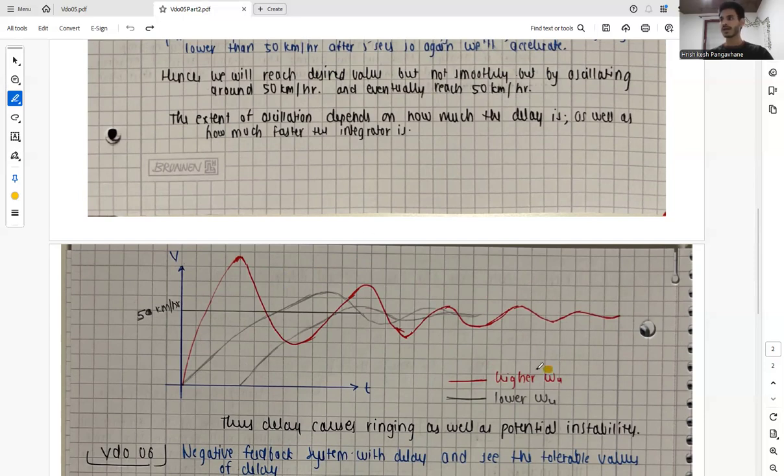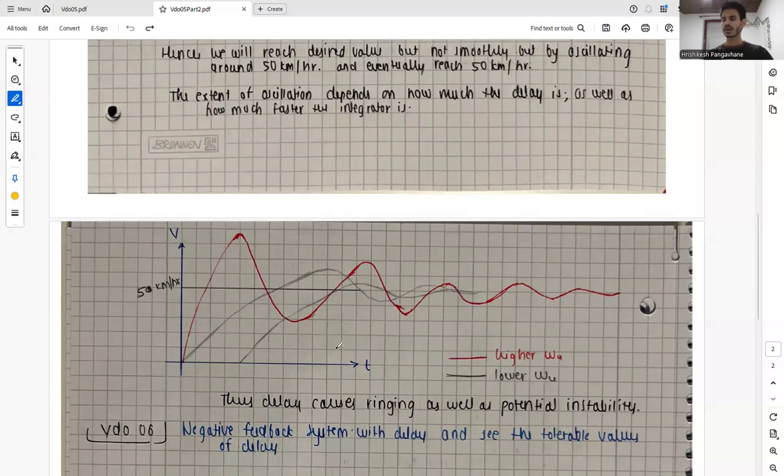I mean how high the value of omega u is, because omega u by k is the time constant. So the higher the value of omega u, the faster the response of our integrator. The one with the red marking is the response to the higher omega u value, and the one with the green is the response to a lower omega u value.